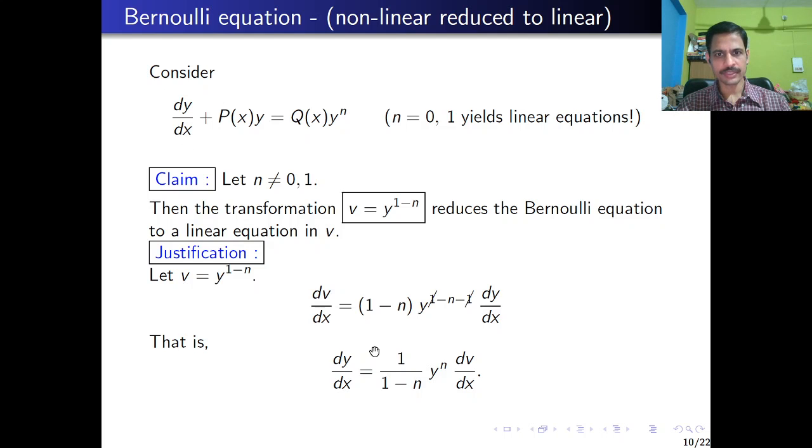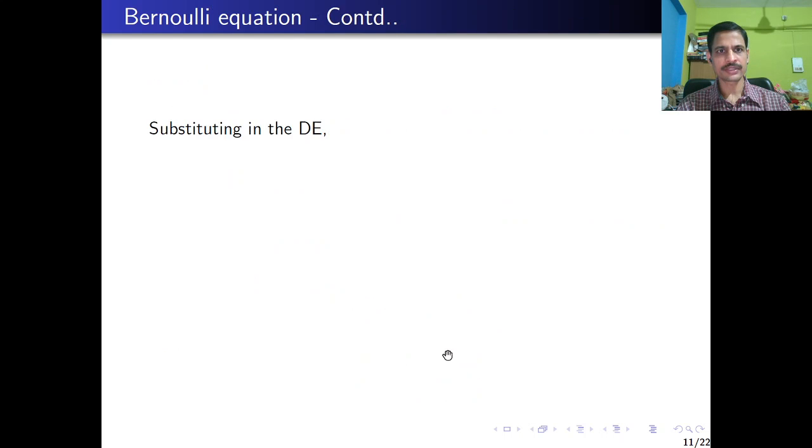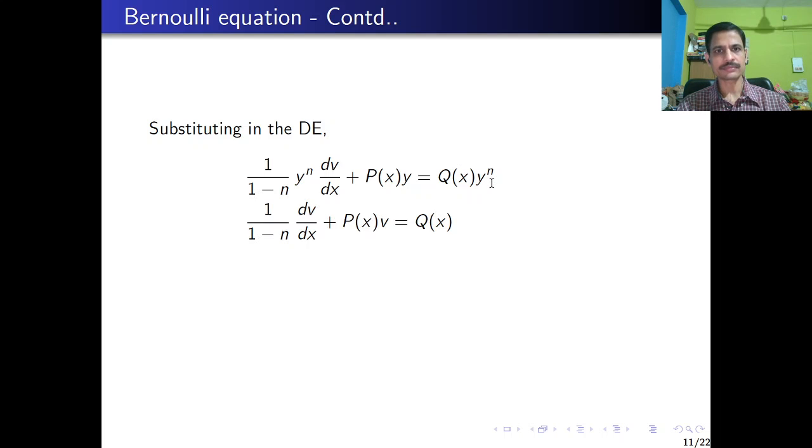So in this differential equation, we substitute dy by dx with this. So we get dy by dx replaced by the term that we obtained here, but the rest of the equation remains as it is: p(x)y is equal to q(x)y raised to n. Now you divide this equation by y raised to n. So what we get is 1 by 1 minus n dv by dx, because we are dividing by y raised to n, this y raised to n goes away from here.